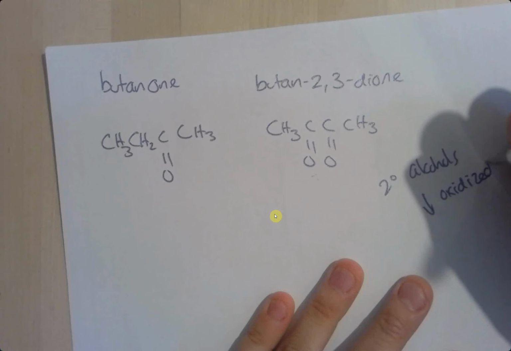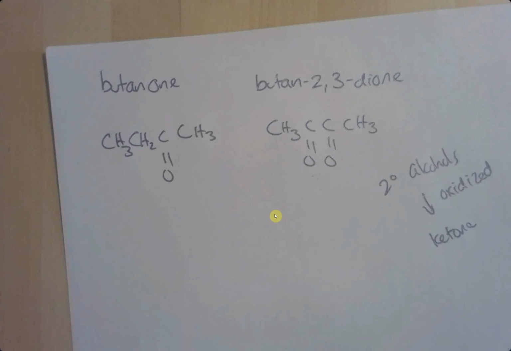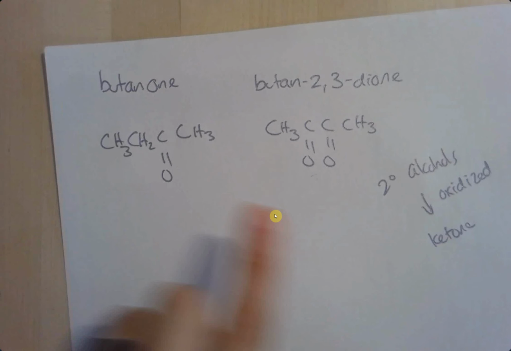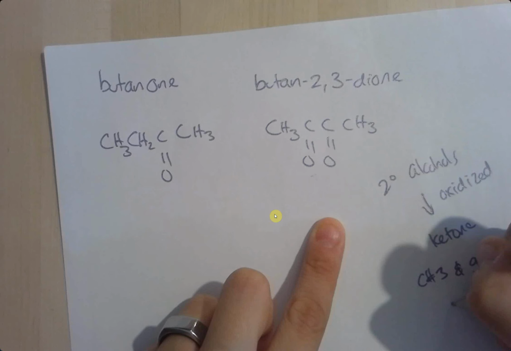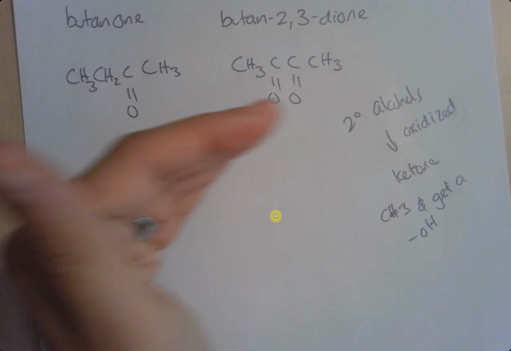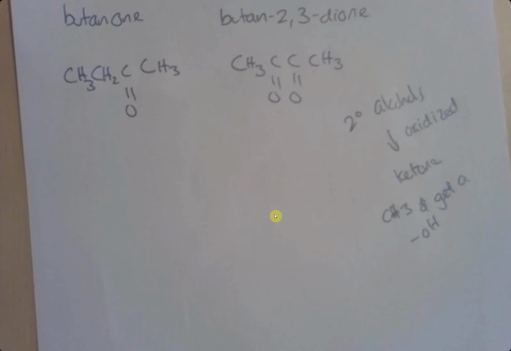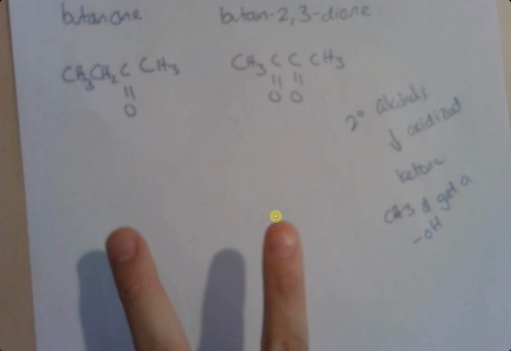And that's how we get to our ketones. So basically what I want to do, since I have one on carbon number 2, I want to take carbon number 3 and get an alcohol on it. Because if I can get an alcohol on carbon number 3, then that's a secondary alcohol and then I can oxidize it to a ketone. So I need to think about how do I get to that point.